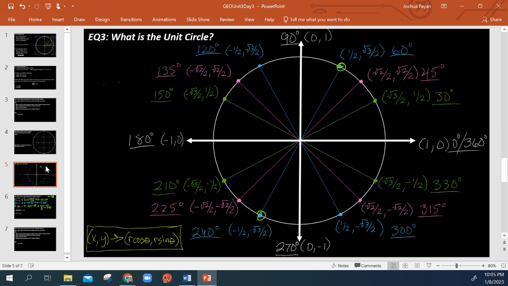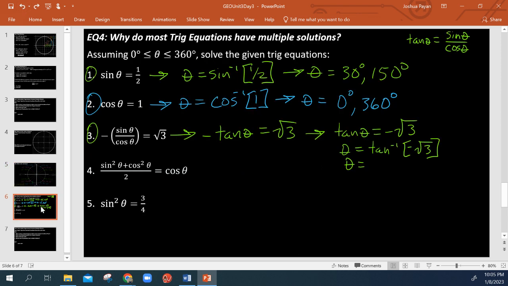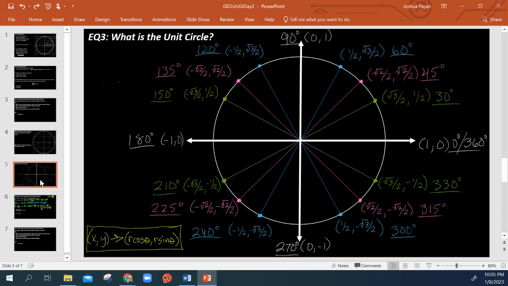Okay, so tangent is analogous to slope, okay? Except in this case, we're talking about negative square root of 3, right? So if we're talking about negative, we're talking about a negative slope. Okay, so our reference angle, obviously, yes, it's 60 degrees, right? But we're not going to be in quadrant 1 and 2. We're going to be in quadrant 2 and 4. Okay, and let's talk about why that is.